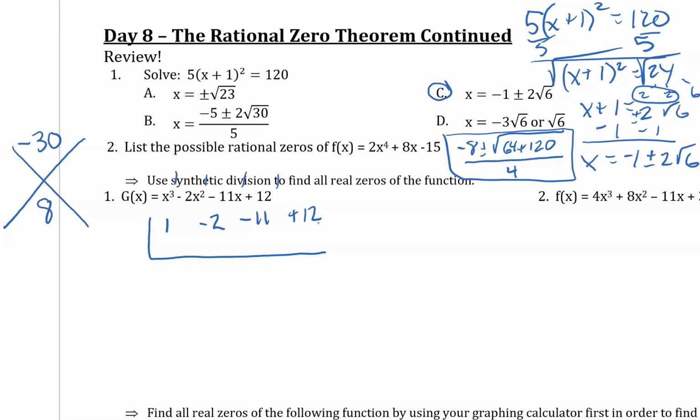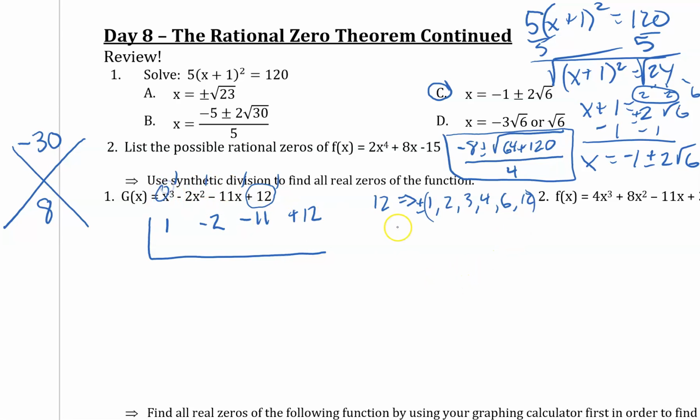Now, before we can decide what we're going to put over on the left, we have to think about what the possible zeros are. As we discussed in the day 7 lesson, we're going to take the 12 and find all of its factors. Its factors are 1, 2, 3, 4, 6, and 12, and of course, those can all be either positive or negative.